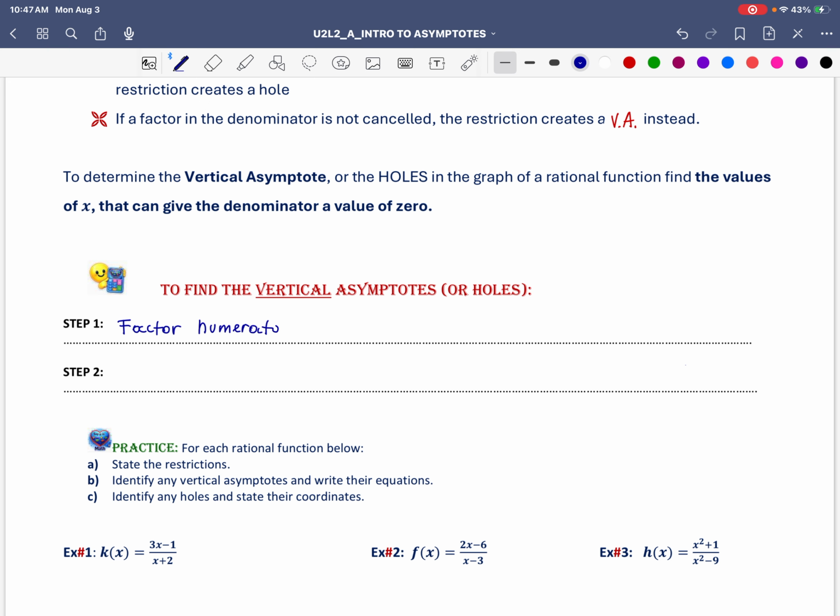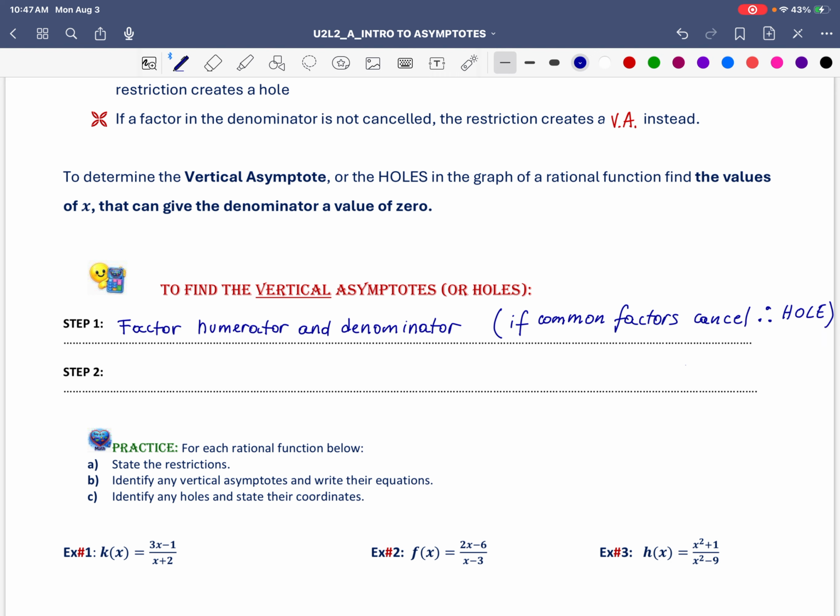And the reason why is because we want to see if there is a possibility of canceling a common factor. And if there are common factors, there will be a hole on the graph.